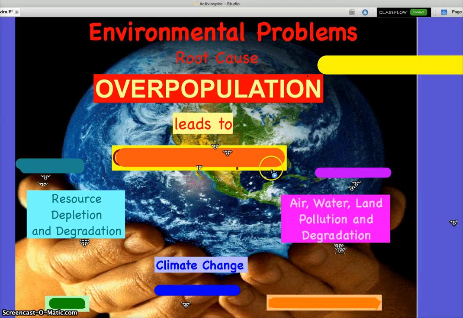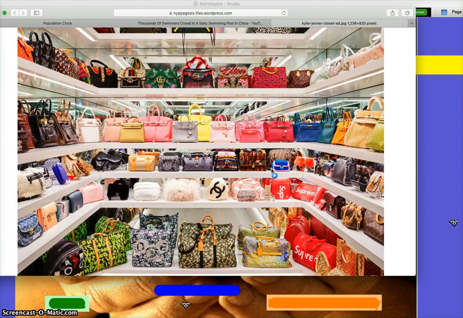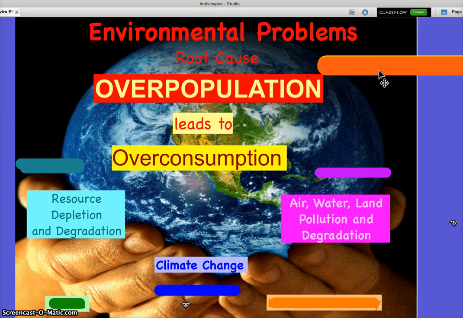I'm going to have to show you some pictures. What's this? Let's see. That's not the picture. That. Hopefully. Good. Overconsumption. That's Kim Kardashian's closet. What else?